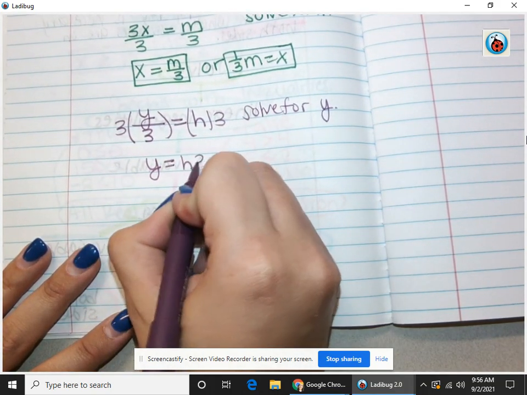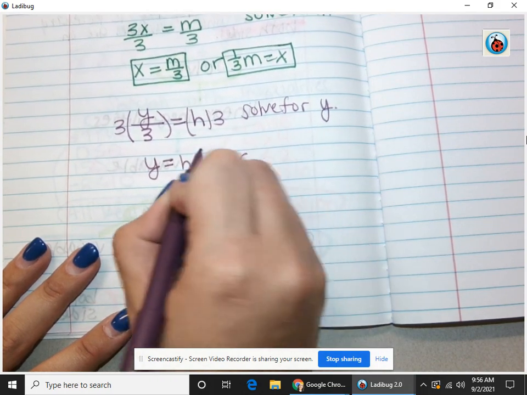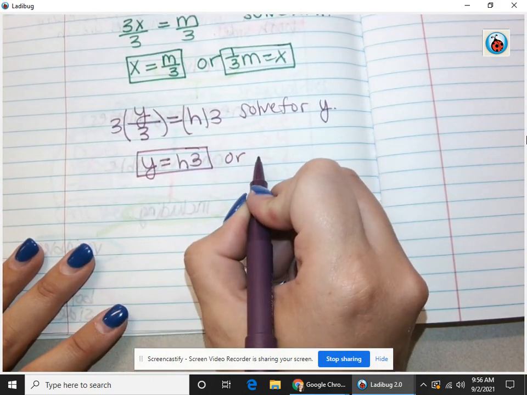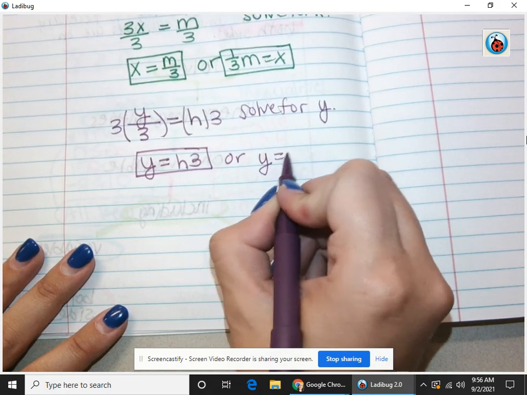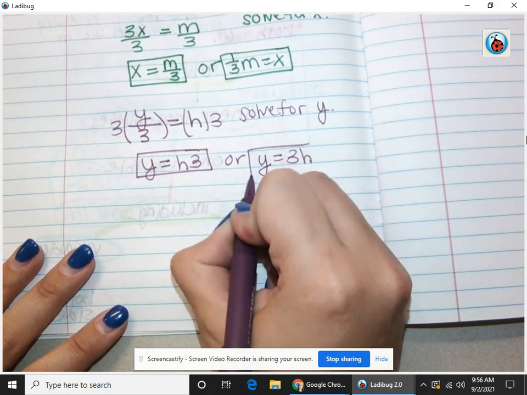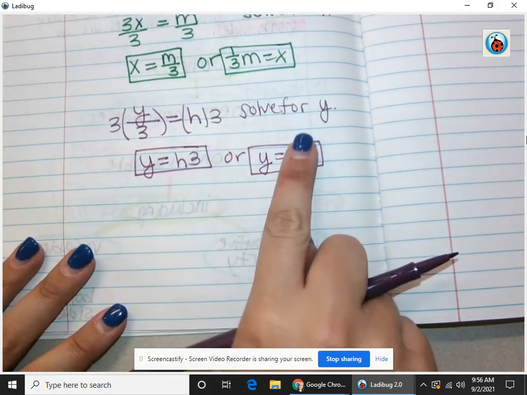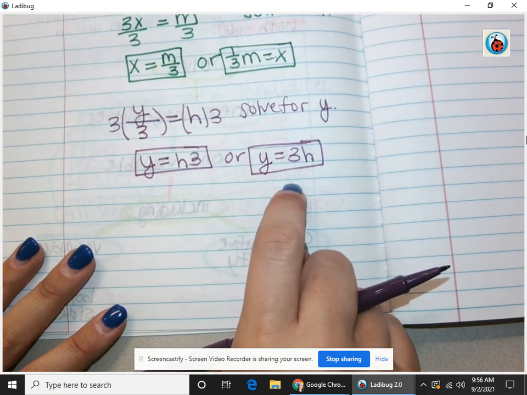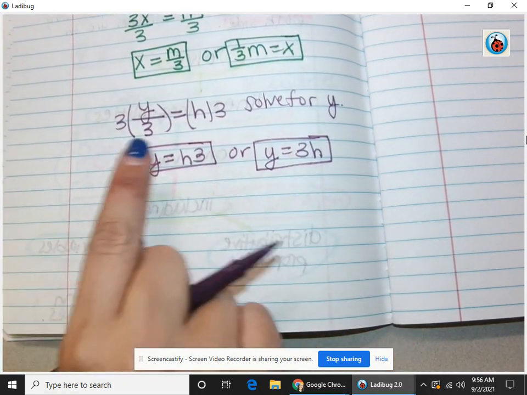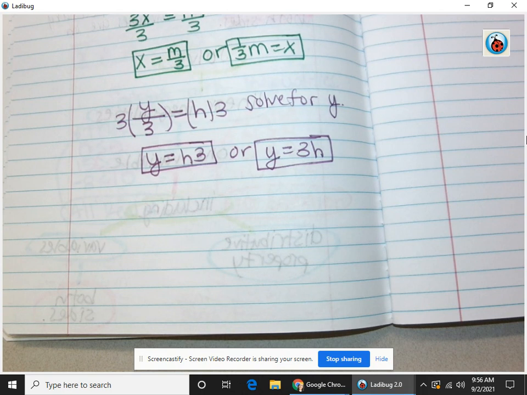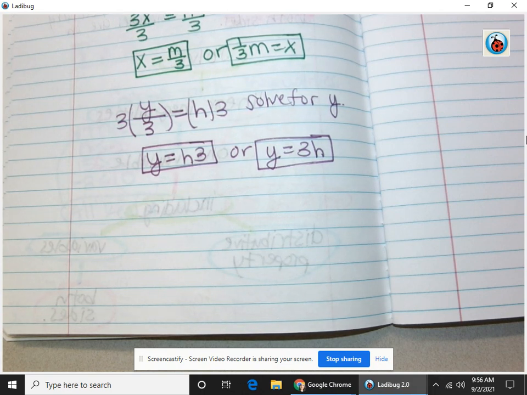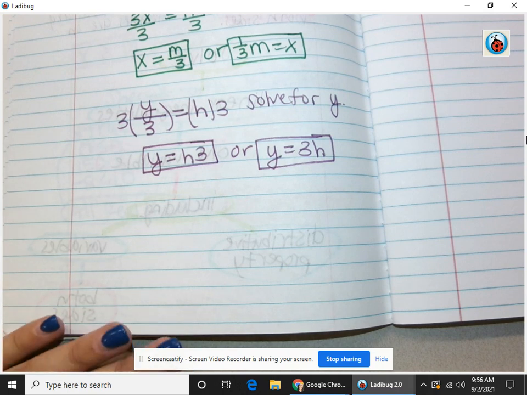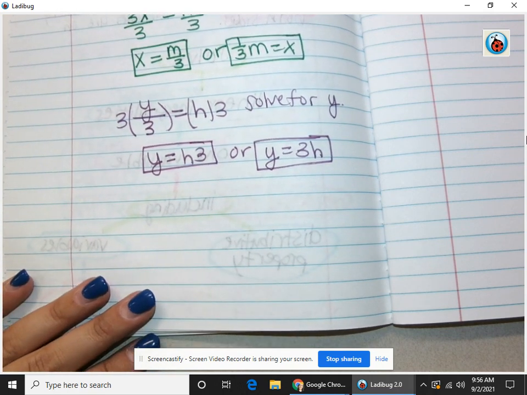Y equals h3, or what it's more likely to look like, y equals 3h. The 3h is going to be your most common one, but you also may see it as h3 instead of 3h. Questions so far?